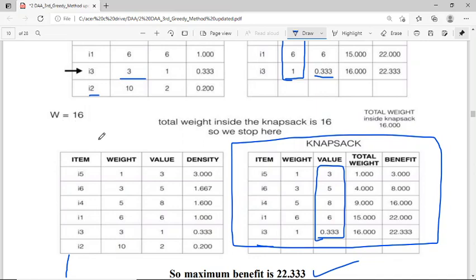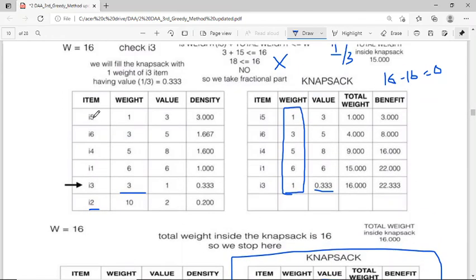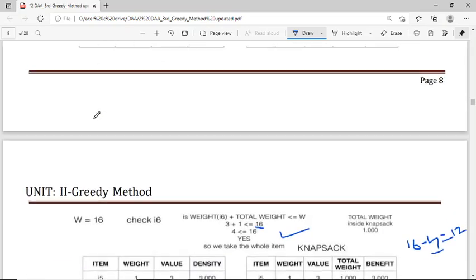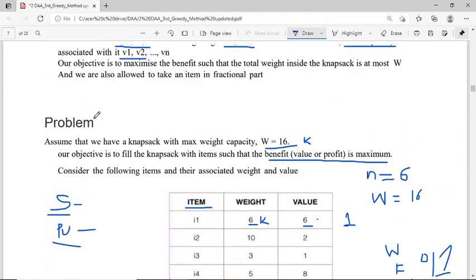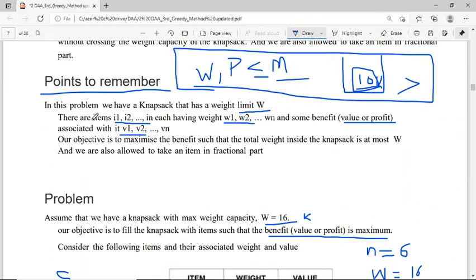The total weight should not be more than the bag capacity. I will repeat once again: after taking the weight or profit, the weight should not be more than the bag capacity.